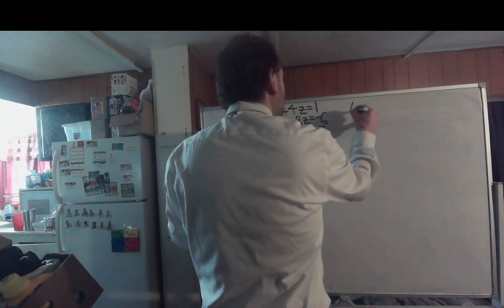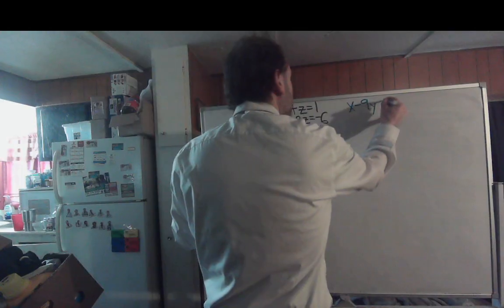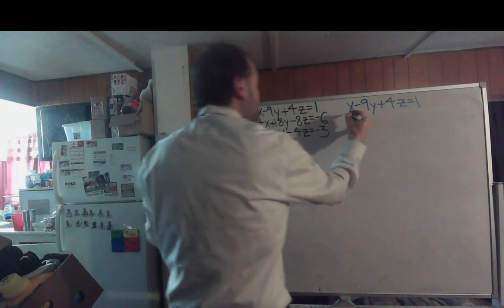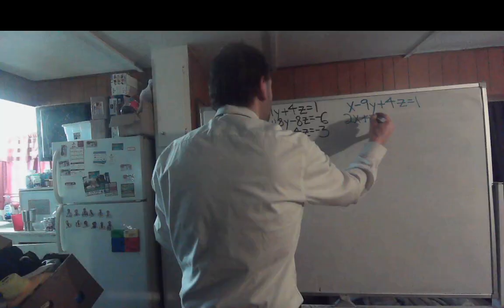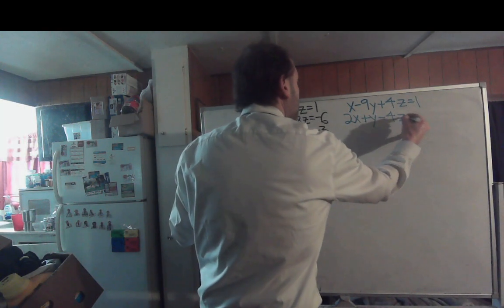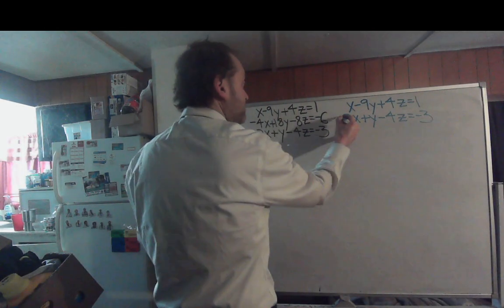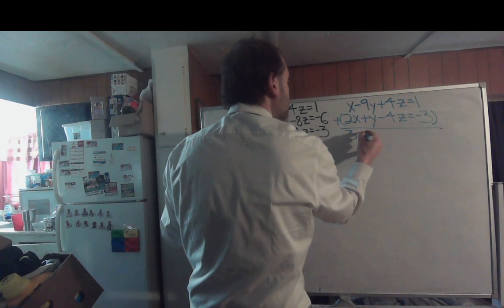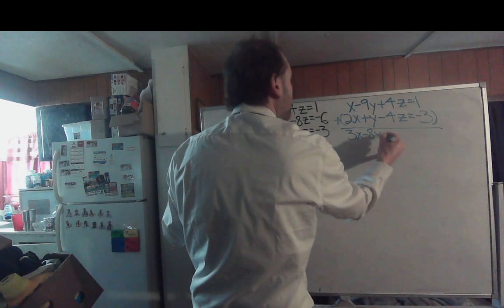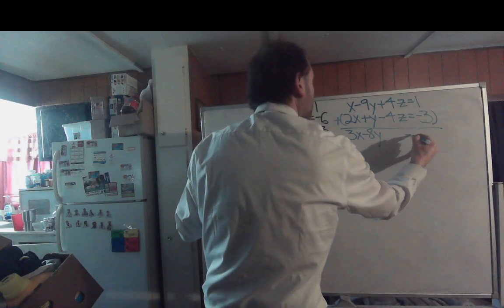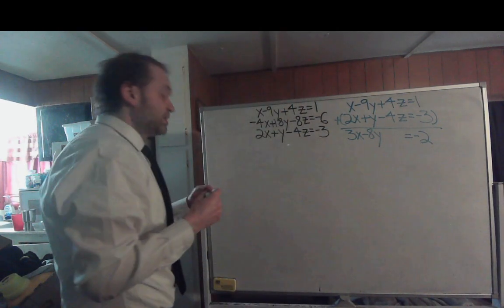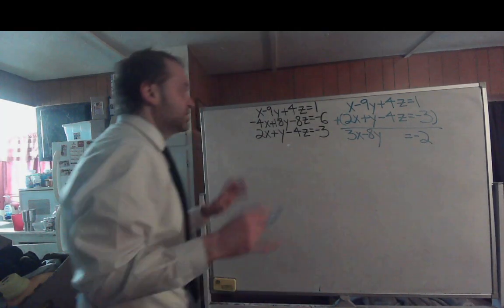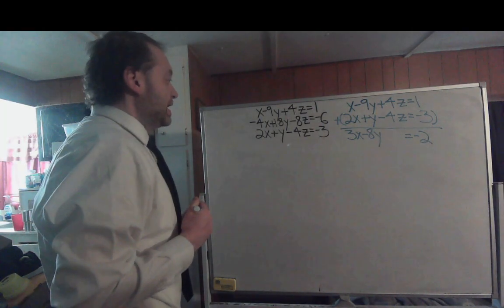So take x minus 9y plus 4z equals 1, and then take your 2x plus y minus 4z equals negative 3. Just simply add these two equations together. You'll end up with 3x minus 8y, the z's are gone, would equal negative 2. So there's your first equation with only two variables. You got 3x minus 8y equals negative 2.